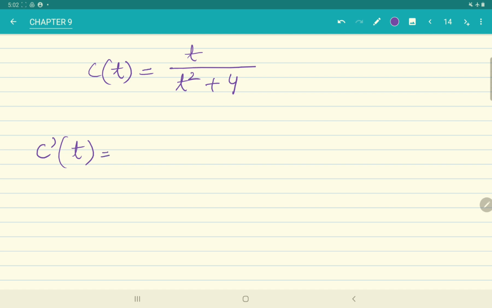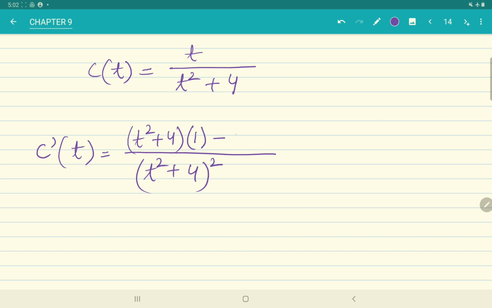So I use the quotient rule and I get t squared plus 4 squared in the denominator, and then what I do is I write t squared plus 4 times 1 minus t times 2t.